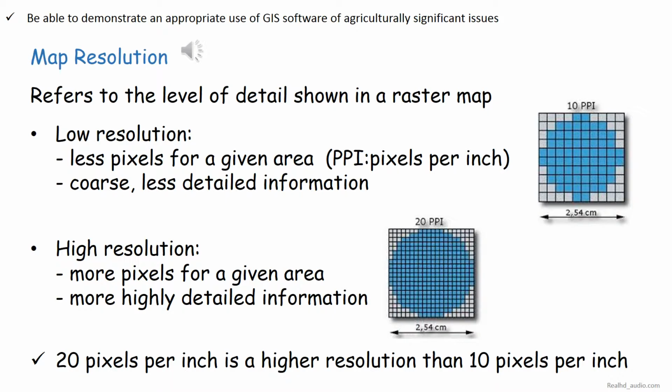If that area that the pixel covers is then a 10 meter square area, again it will average all of the information within that 10 meters squared and present it as just one value. So what we find is that small pixels will provide a more detailed image because there is less averaging of the information that they represent.